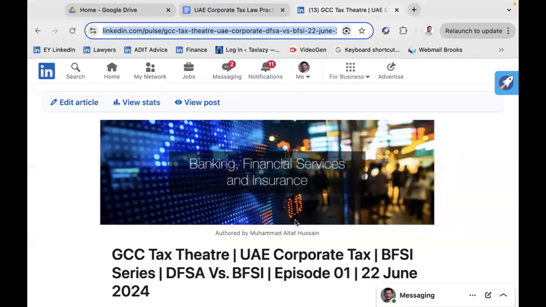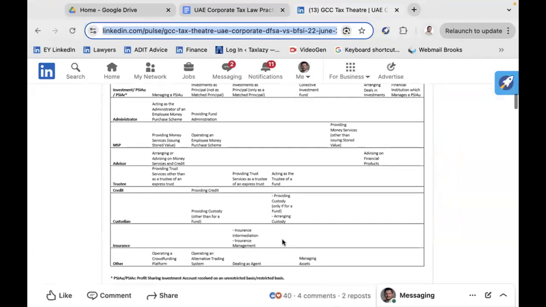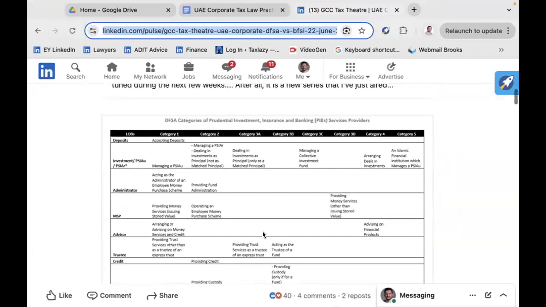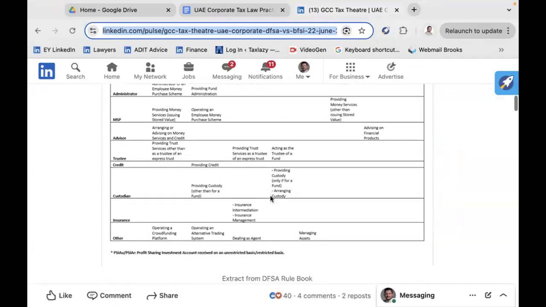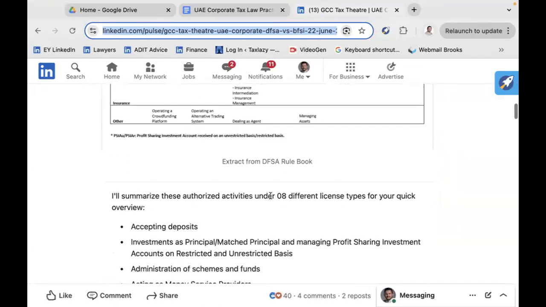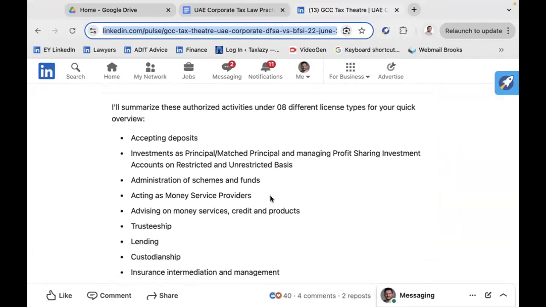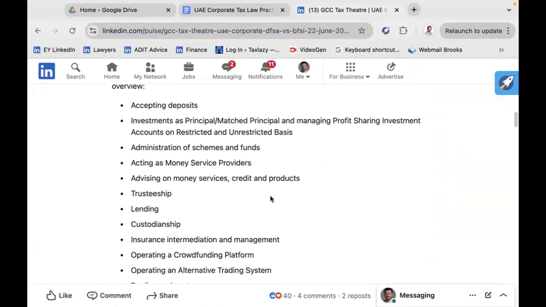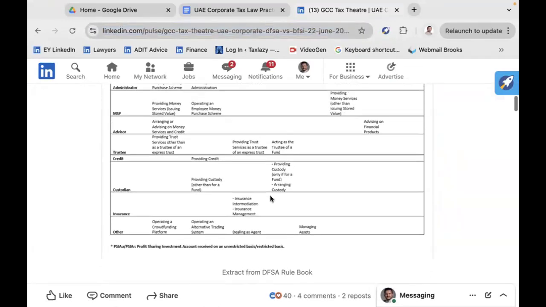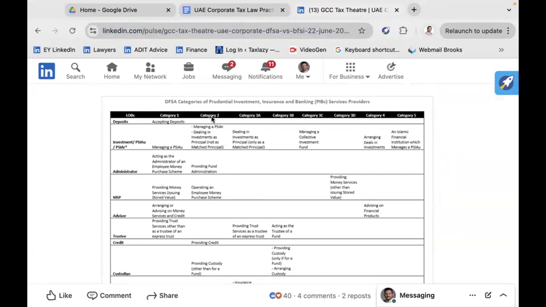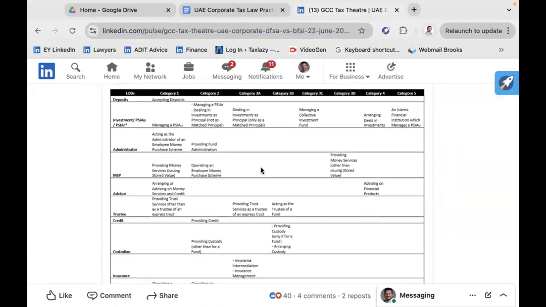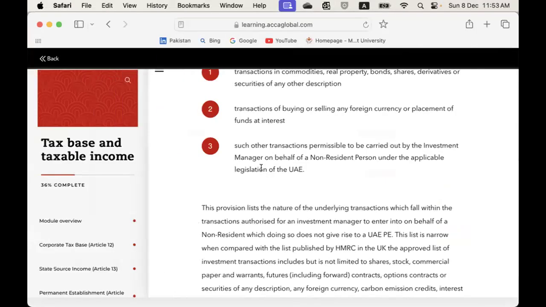It contains a reference to different types of activities that are allowed in the Dubai Financial Services Authority. So you can take a quick reference. Otherwise, you need a larger reference, then you have to go to the website of the DIFC. But this is a kind of summary of different categories. These are the categories of licenses that are issued to banking and financial institutions. So if you want a quick reference, you can always go here and look at the research.